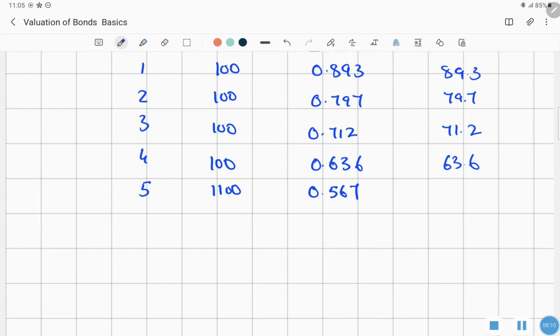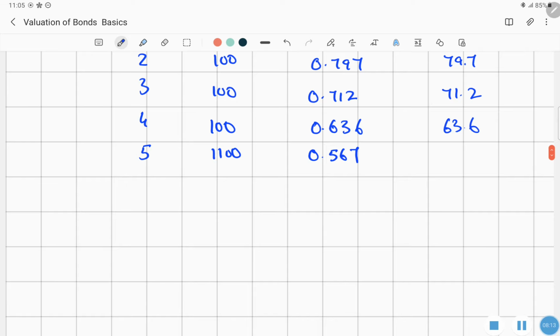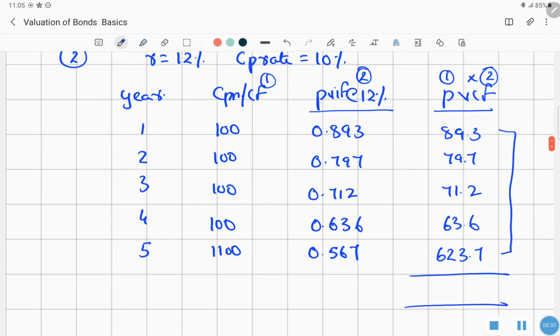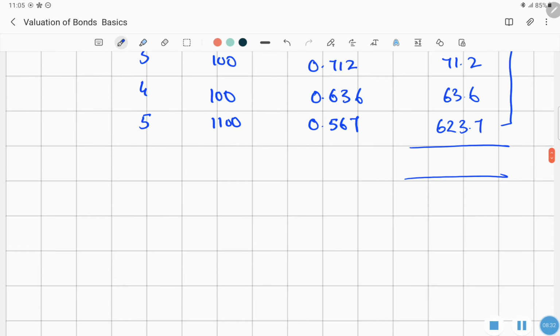Then we'll be multiplying 1100 into 0.567. So we'll be getting 623.7. So when I add all the present value cash flows, this is the total present value cash flows.